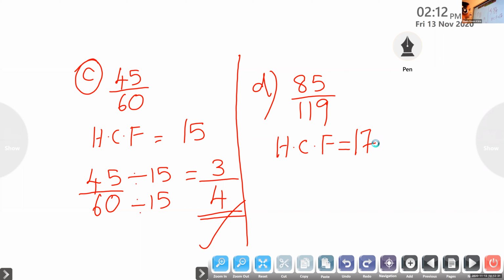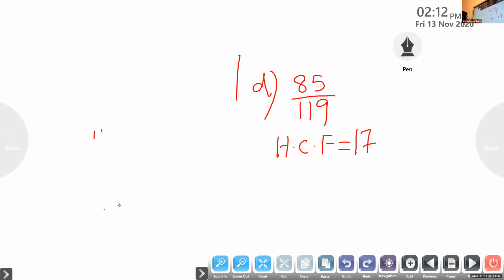So, children, I think that method is easy: writing the factors of 85. You know, 1 into 85.